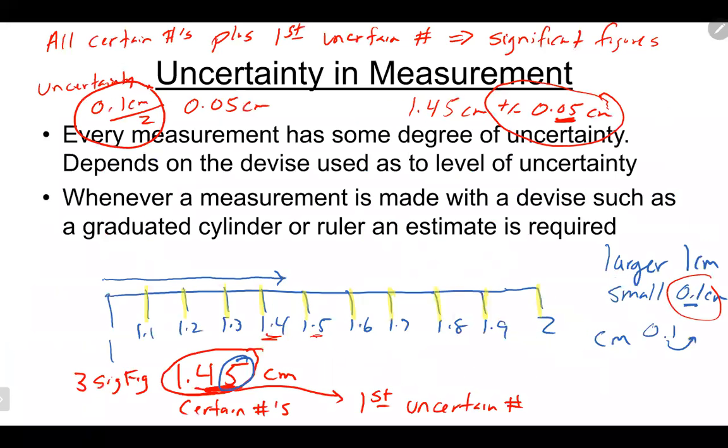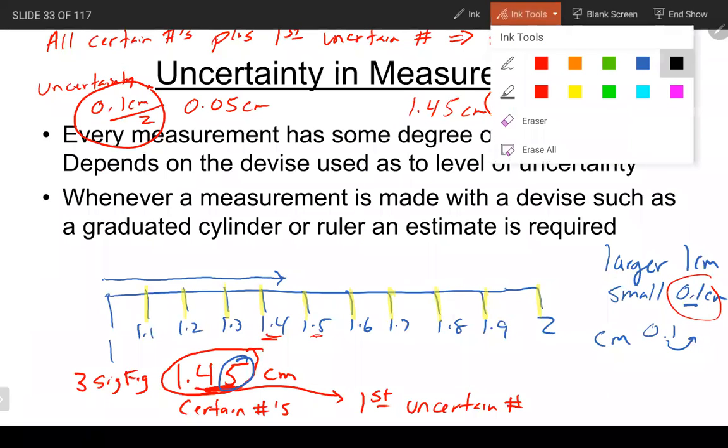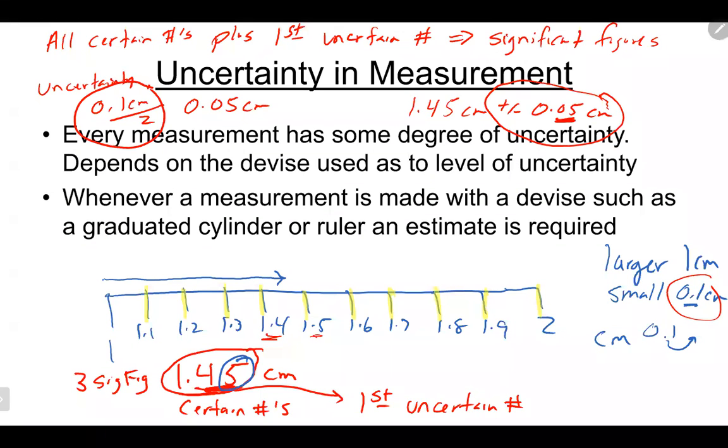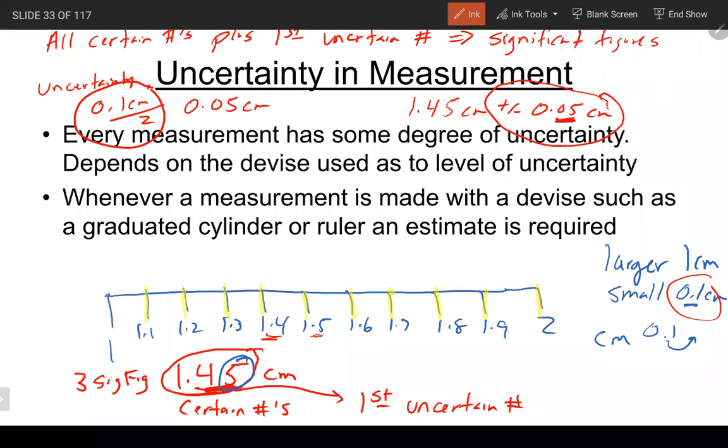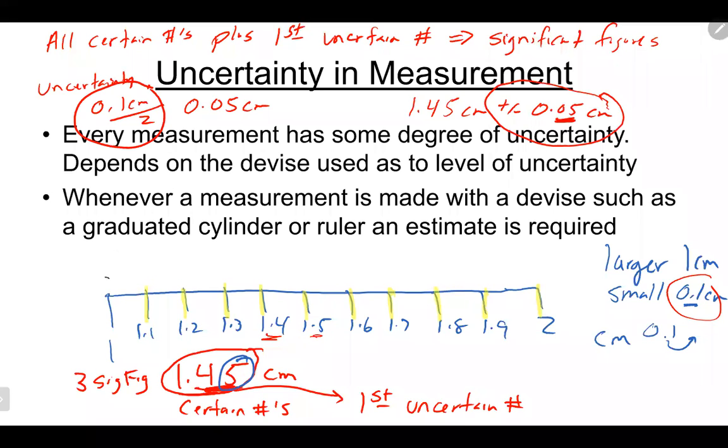Now, another very important thing. Let's go back to this one. What happens if we had our arrow here and it was dead on that 1.3? What should I record?